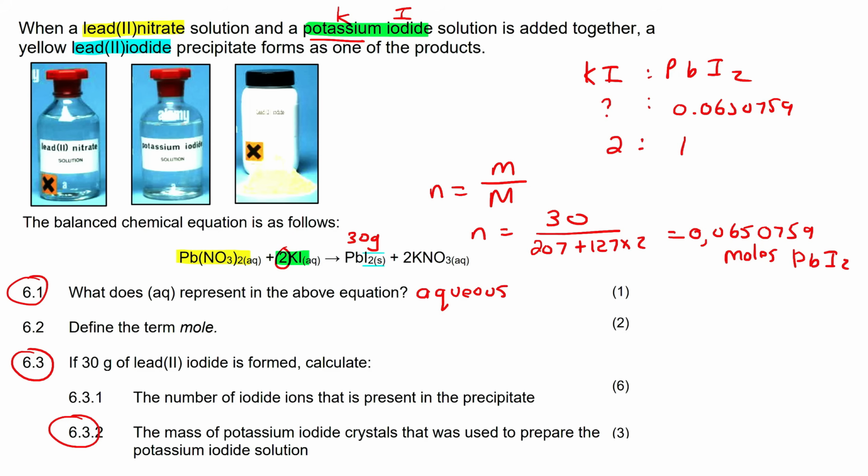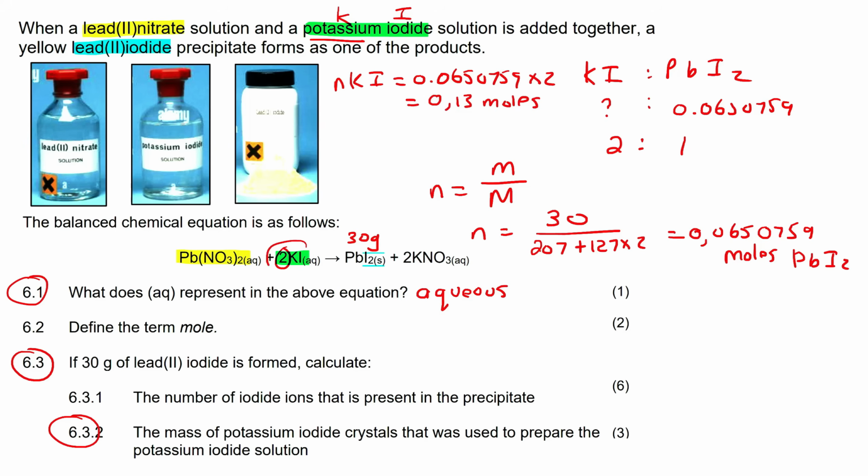So for every one of this one, there's 2 of this one. So we're going to take this number and multiply it by 2. So the moles of potassium iodide is going to be 0.0650759 multiplied by 2. And you can just round that to 0.13 moles.